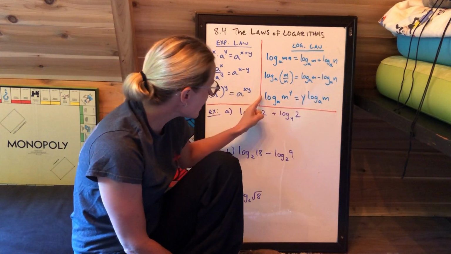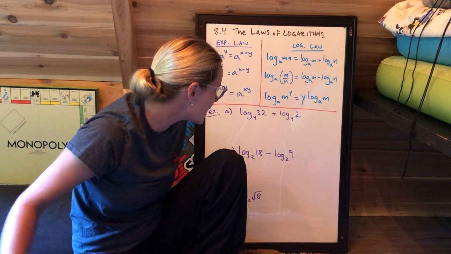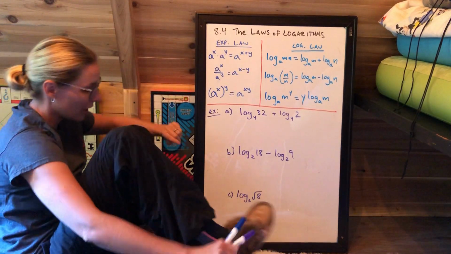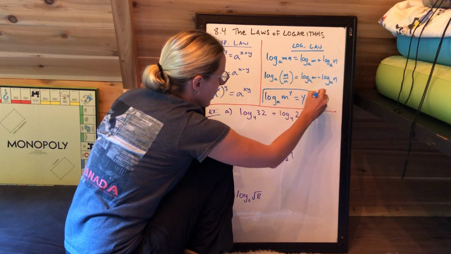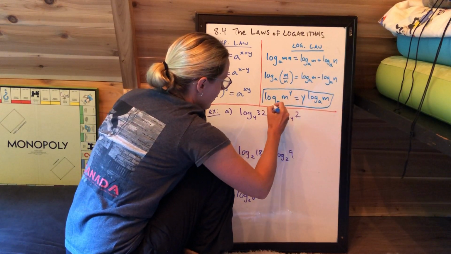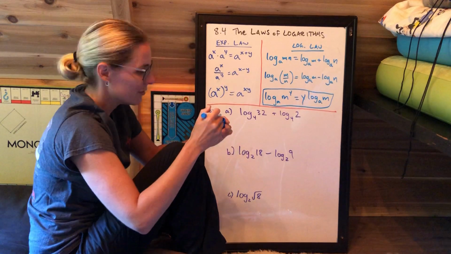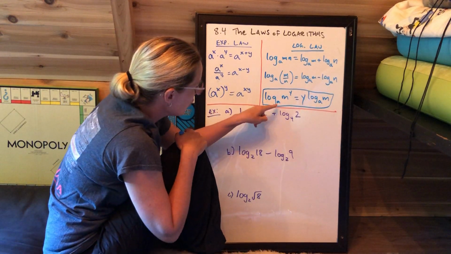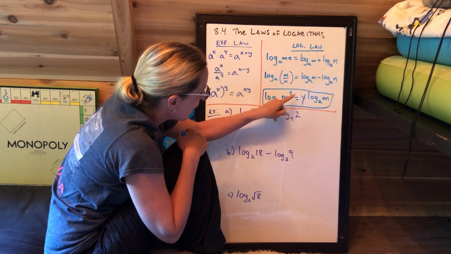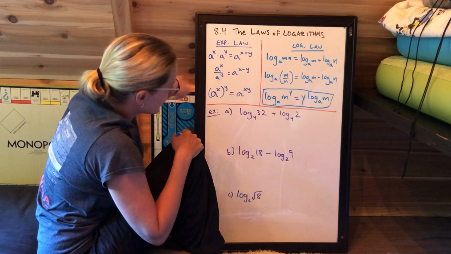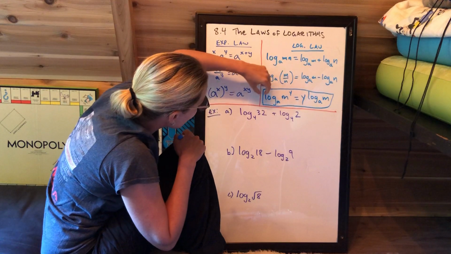And then this one is a little bit sneaky, and it becomes the most powerful one, I think. This is the one that you'll use quite a bit, because it transitions a lot of things really nicely. You have log base a of m, and that m is to the exponent y. What you're able to do is pull this y out front.